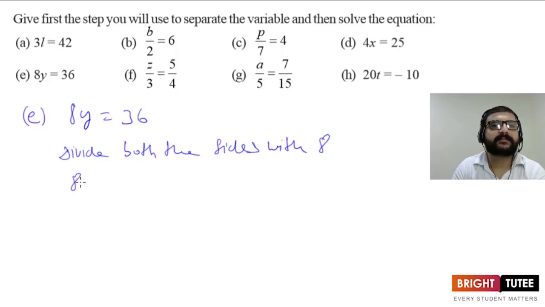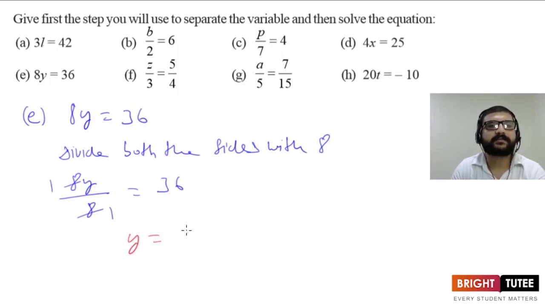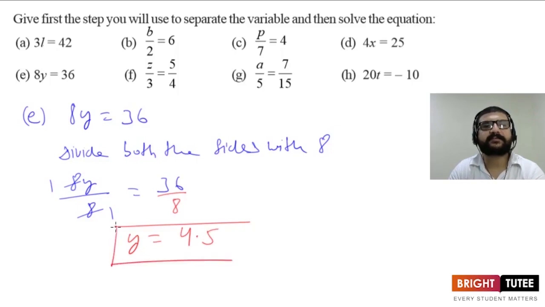By doing that we will get 8y upon 8 is equal to 36 upon 8. Now 8 and 8 will be cancelled out. So we are left with y is equal to 36 upon 8 and 36 upon 8 will be equal to 4.5. Hence the final value of y is 4.5.